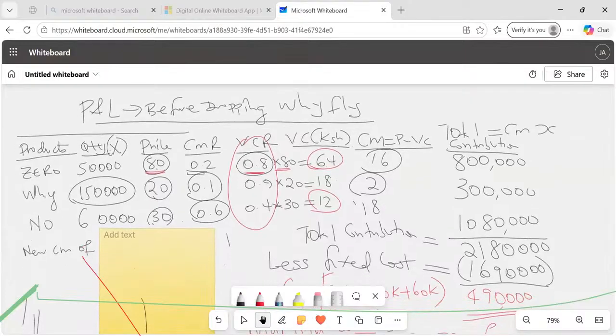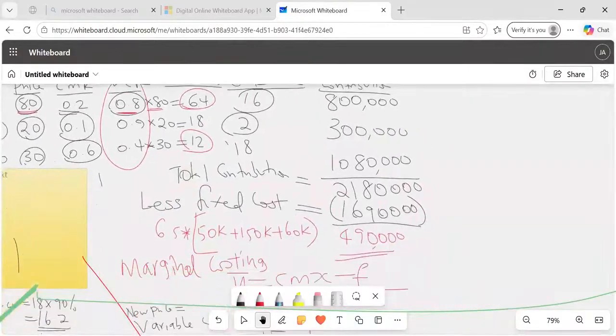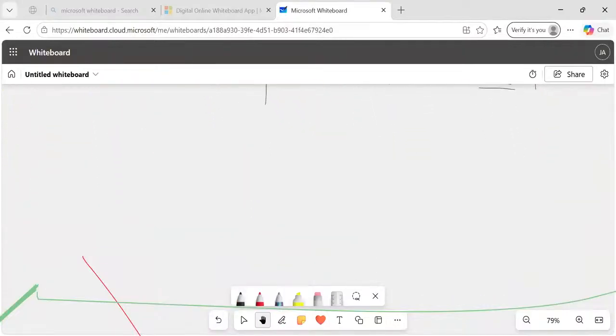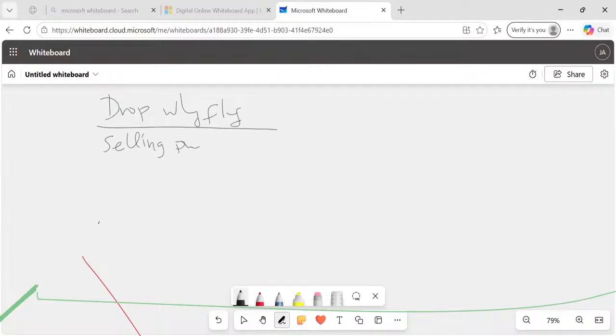When we drop Y fly, first of all, the selling price will reduce by 10%. So give me a new selling price.